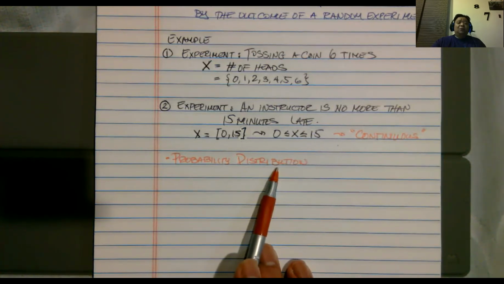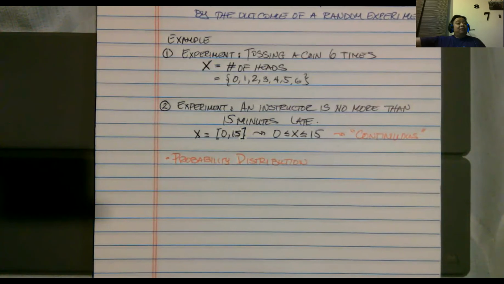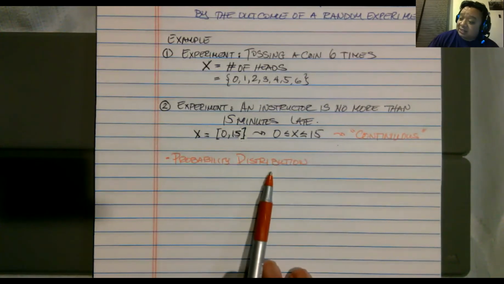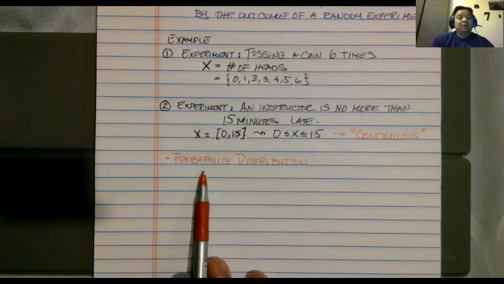Distributions essentially means table, so that's why we had a frequency distribution, a relative frequency distribution, a percentage distribution. Whatever word comes in front of it tells you what should be on your table. In this case, distribution means table, and what should be on my table is the probability.